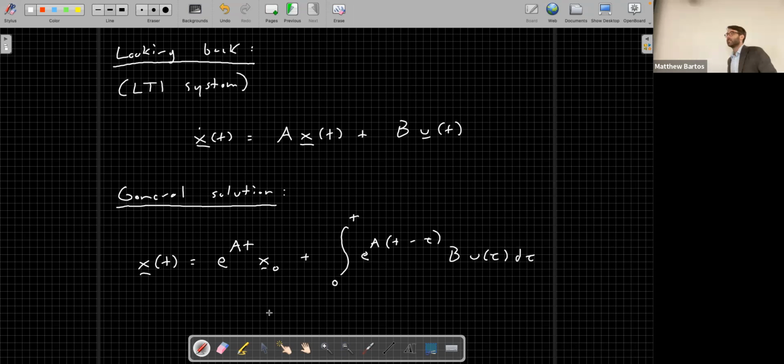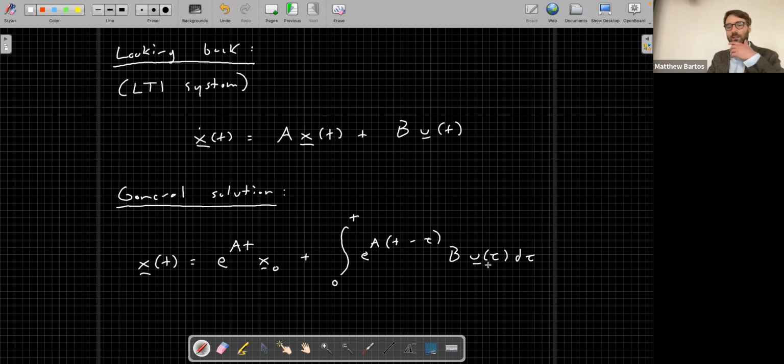Okay. So the solution to an LTI state space system is essentially the same as for the scalar case, except now x of t is a vector, x naught is a vector, and u of tau is also possibly a vector. So this is the general solution for the continuous time LTI system.